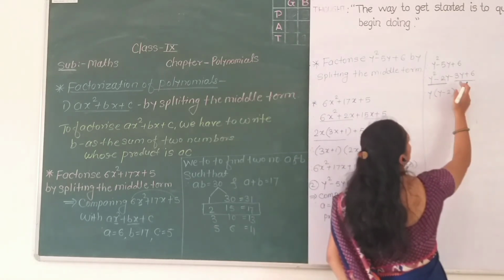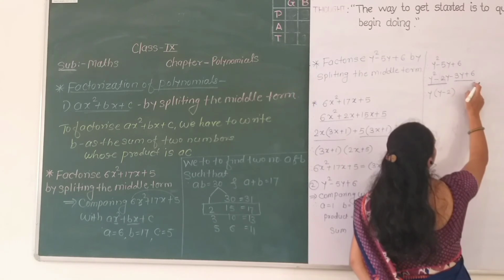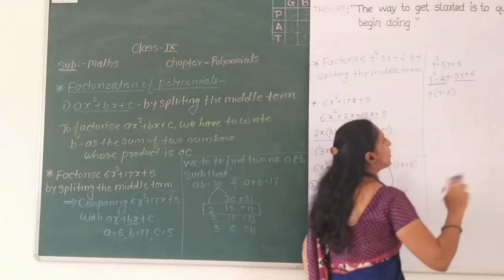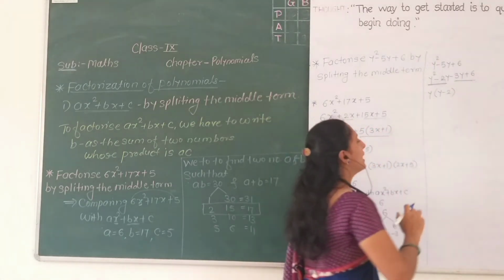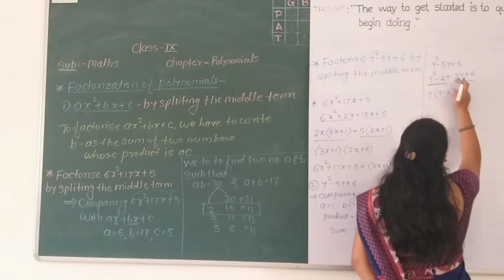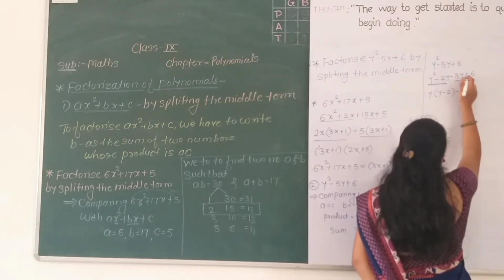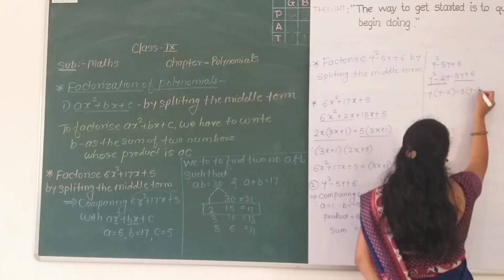Right? Look at the remaining two terms. In these two terms, you observe that -3 is common in both. I can take -3 common from both, so I get here -3 in bracket y minus 2.